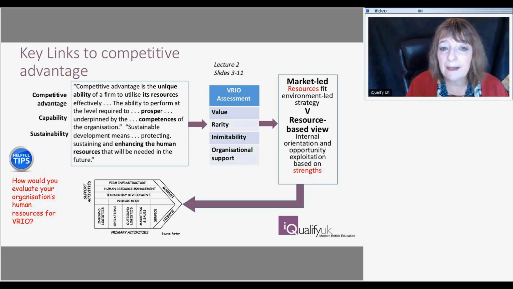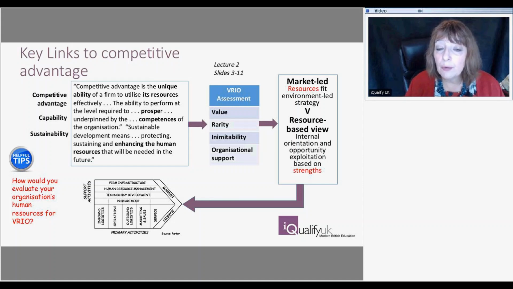So once we've established what we understand and what we believe an organisation has in terms of its advantage, its capability and its sustainability, we can then go to the next stage, which is to assess that for being truly of value to the business for competitive advantage.